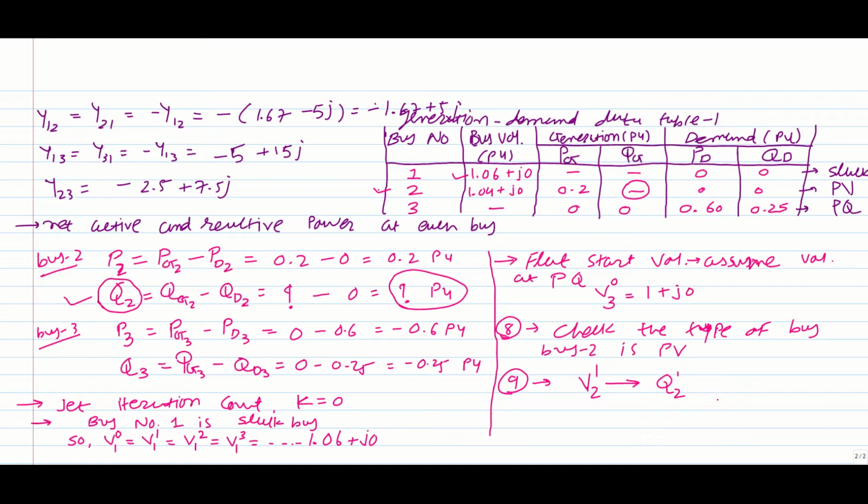And here it is given the limit of reactive power at the PV bus is 0 less than Qg2 less than 0.35 per unit. So let's calculate the reactive power at bus number 2 using step number 9 and equation number 8, which we derived in the previous lecture.